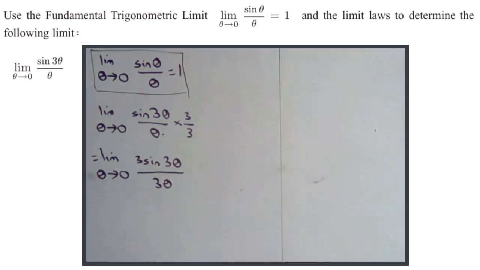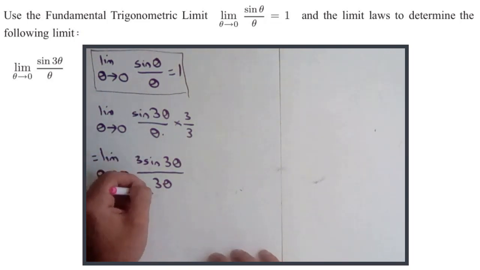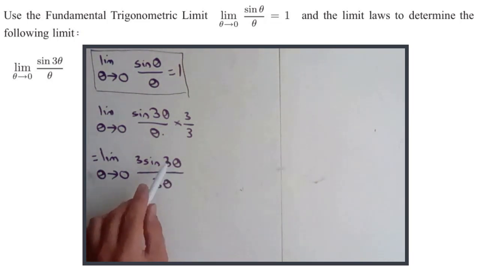It's looking a little bit better, but we've got a new problem. But this can easily be removed. This particular 3, because it's 3 sine 3 theta, is really 3 times all of this, the sine 3 theta over 3 theta. This is just a constant. It's not affected by how theta is changing, as sine 3 theta over 3 theta changes as theta approaches 0.